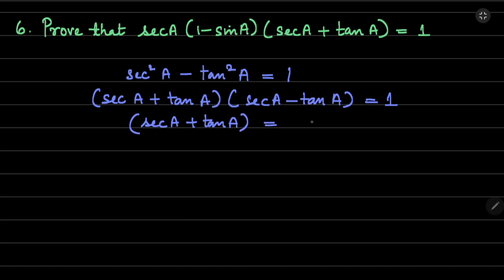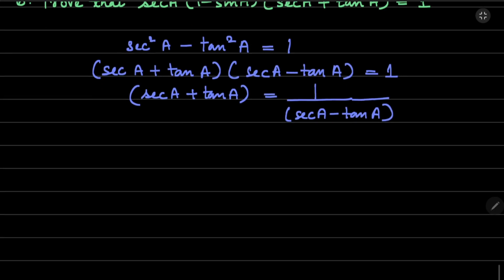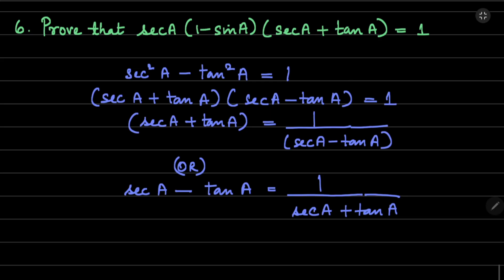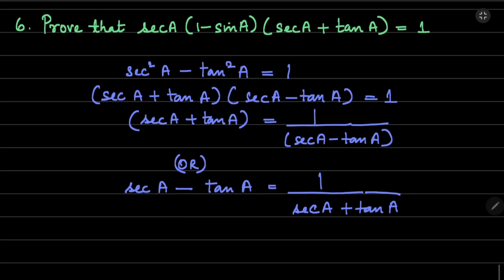It will be equal to 1 by secant A minus tan A. Or we can say secant theta minus tan theta is equal to 1 over secant theta plus tan theta. So, it's a reciprocal of each other. Right?